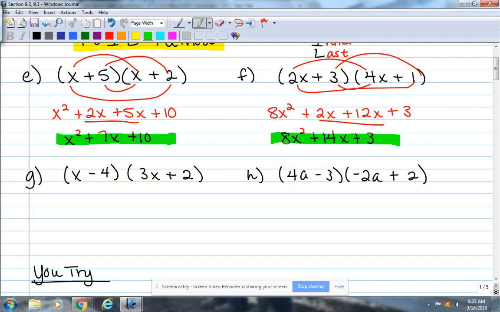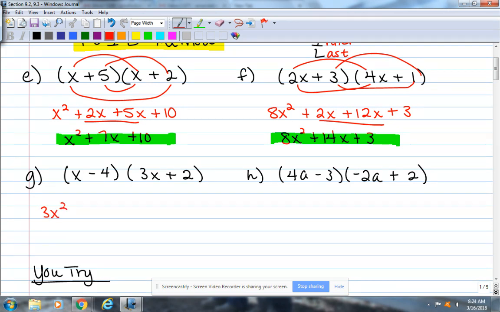Practice a few more, and then we'll do some U-tries. This is really important stuff, guys. You got to be able to know how to do this. So first we multiply what two terms on G? X times 3x. What is x times 3x? 3x squared.